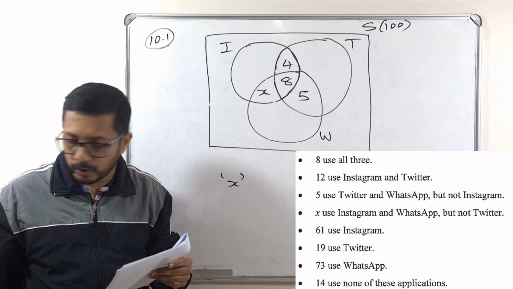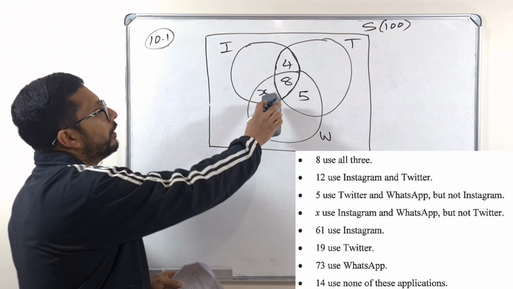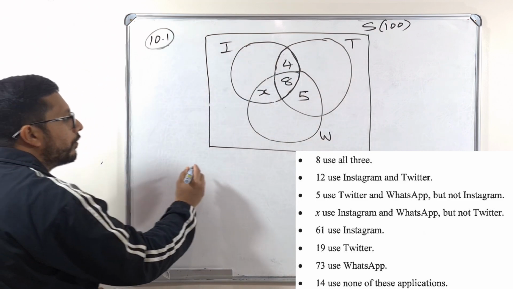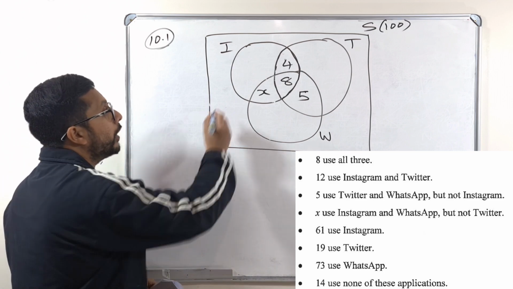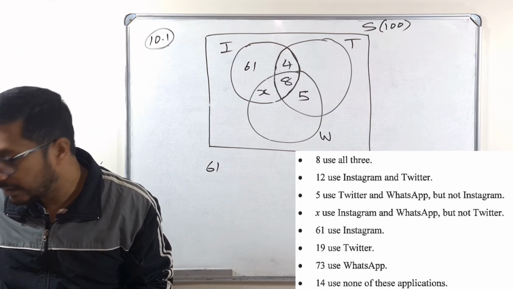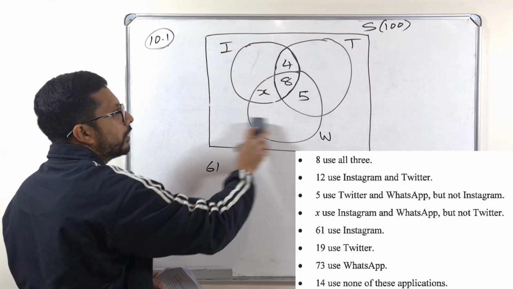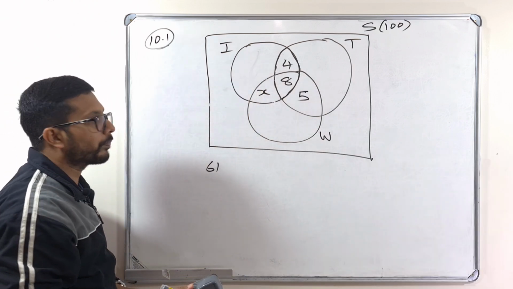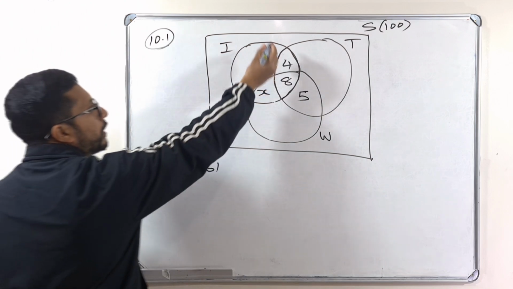61 use Instagram. 61 use Instagram means that in this full Instagram circle there are 61 people. So don't write 61 here immediately. It's wrong, because the full Instagram circle is 61. So how can you find this one? Total in the Instagram circle is supposed to be 61.